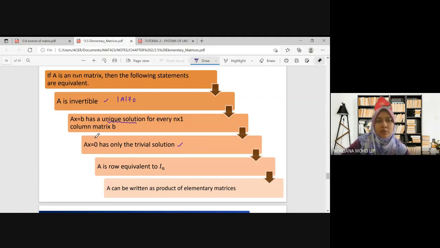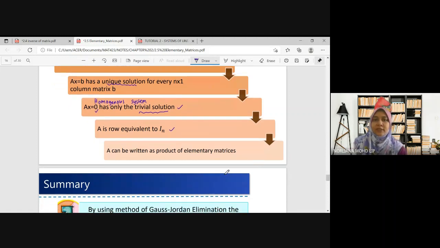This is for homogeneous system, where the constant matrix is equal to 0, there's only the trivial solution. A is row equivalent to identity matrix. And A can be written as a product of elementary matrix.